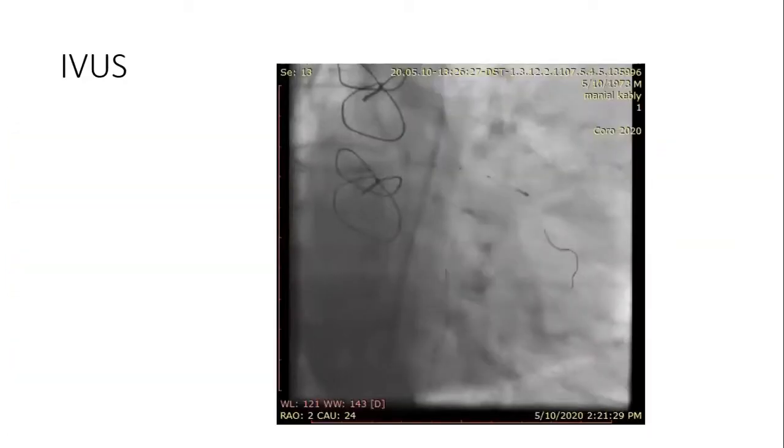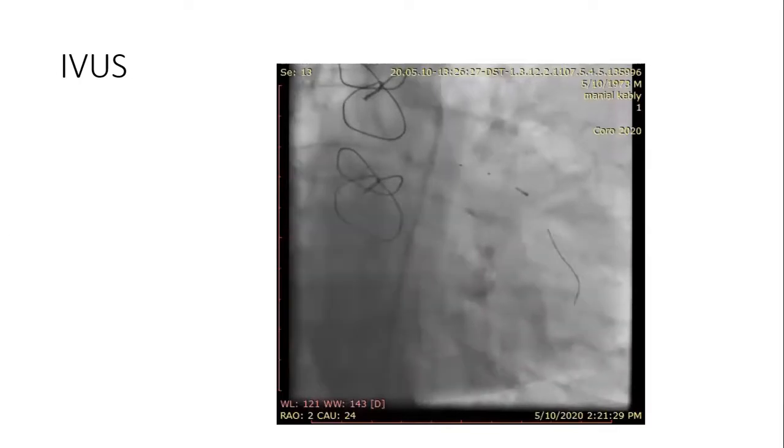We felt that IVUS is important because we have a large discrepancy between the diameter of the diagonal branch, proximal LAD, and the left main. So we felt that we should use the IVUS as preparation for the stenting, and also afterward to confirm the adequacy of our results after stenting.